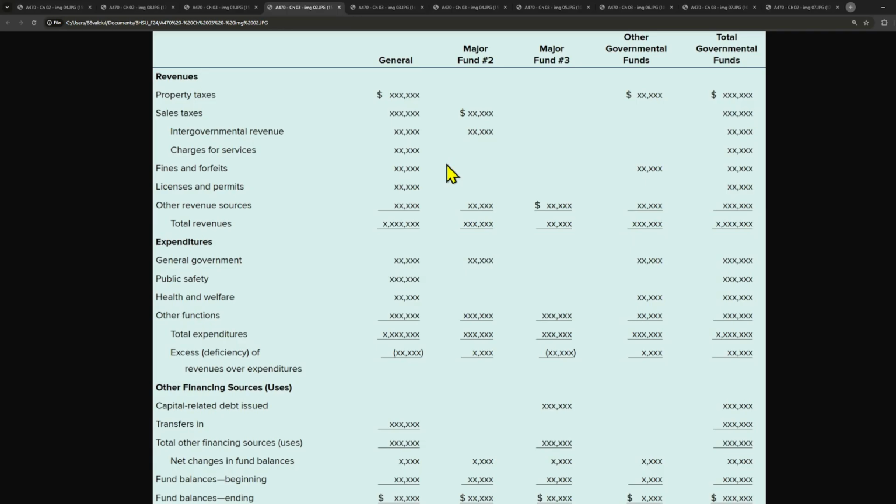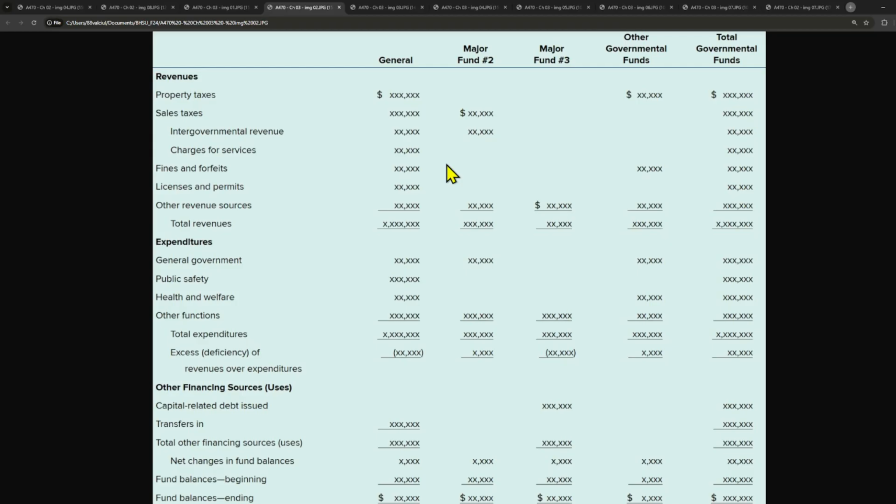The fund balance is: you add assets plus deferred outflows, you take those two combined, and you subtract out liabilities and deferred inflows. Now, I usually get questions about what a deferred outflow and a deferred inflow are. They're relatively rare. When we have a couple here, I will point them out.